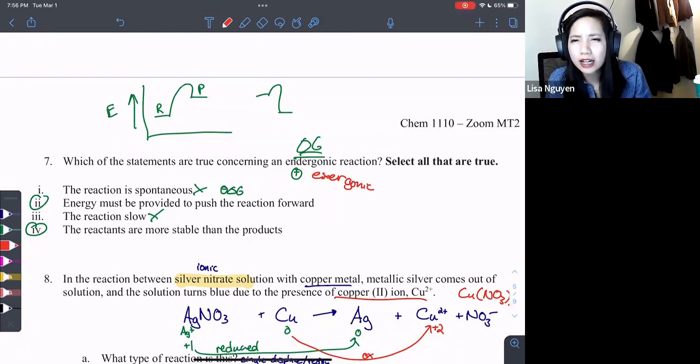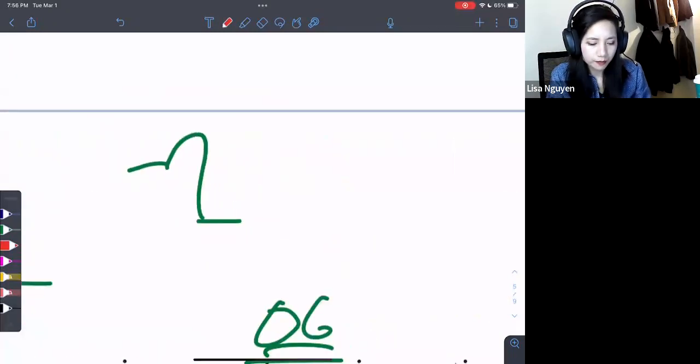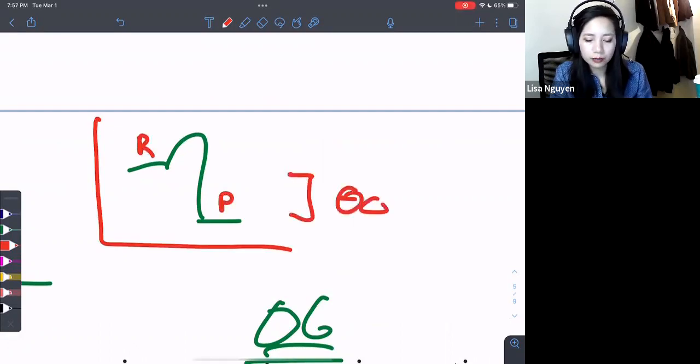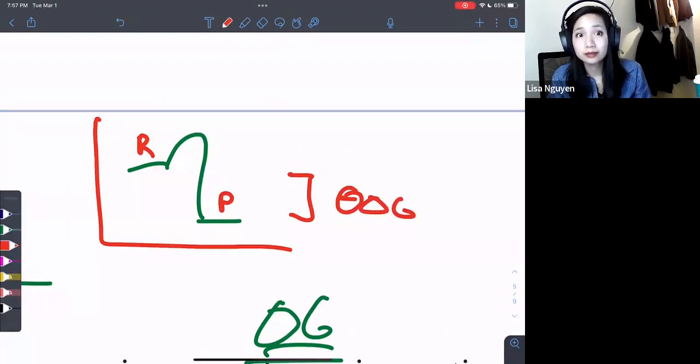In an exergonic reaction, is the product more stable than the reactant? You tell me. This is reactants, that's products, the delta G is negative. Are the products more stable than the reactant? Yes, it is.